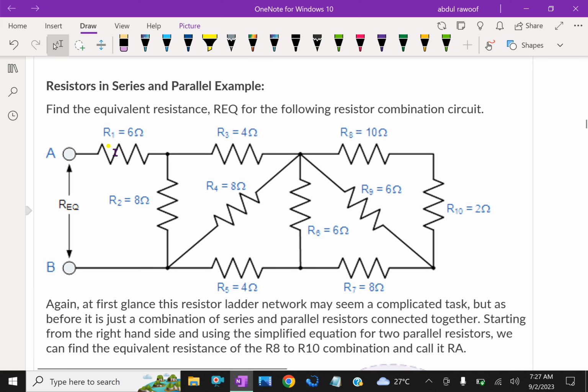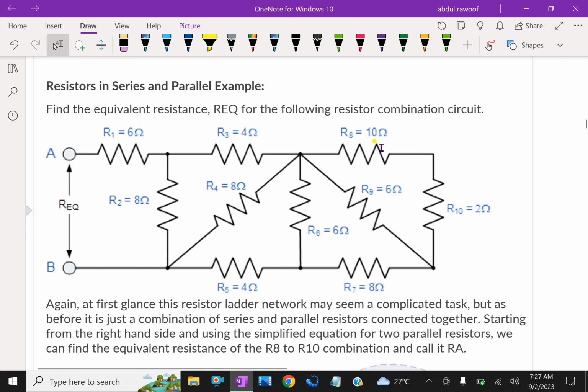Next, look at this resistors in series and parallel example. It looks complicated, but it is not. Find the equivalent resistance of the following resistor combination circuit. Here the resistance is required across these two terminals. First, these two, 10 ohm and 10 ohm, are in series.